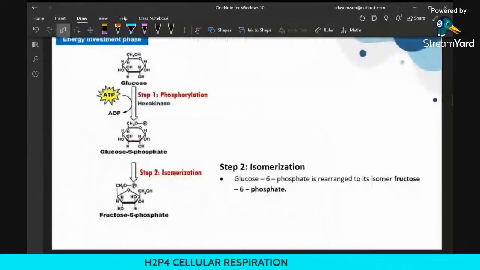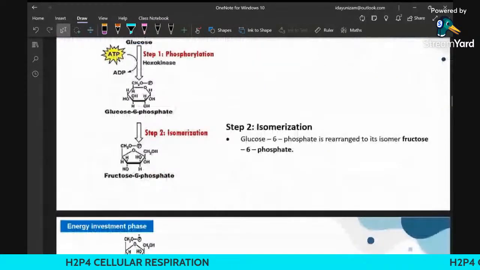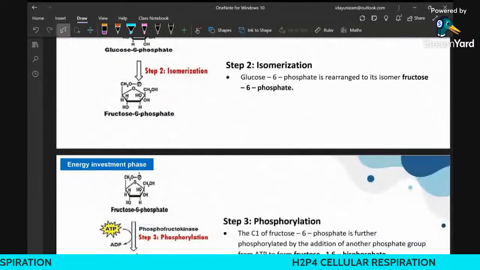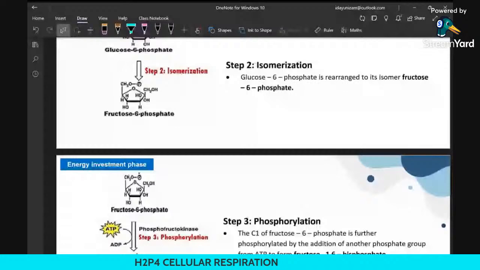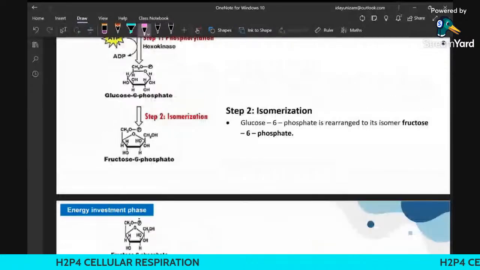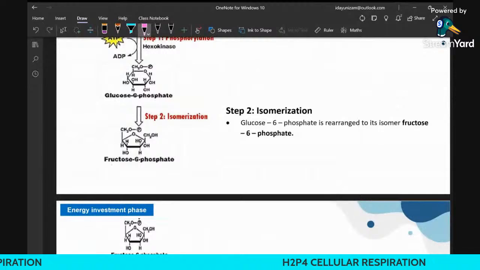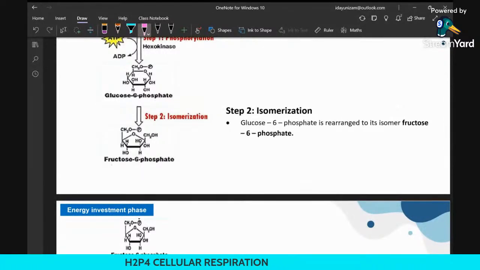Step 1, class, step 1 is phosphorylation where we use ATP. Okay, next step 2: this glucose 6-phosphate, in order to go to the next step, must rearrange the molecule so that it is easier for step 4 splitting to take place, class.